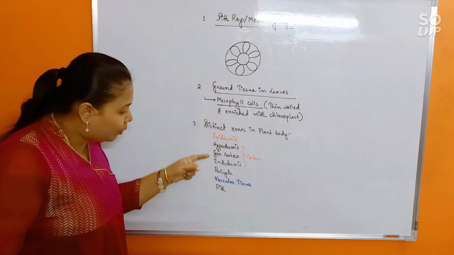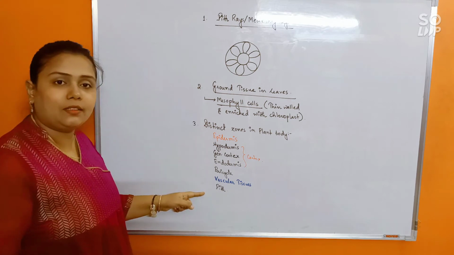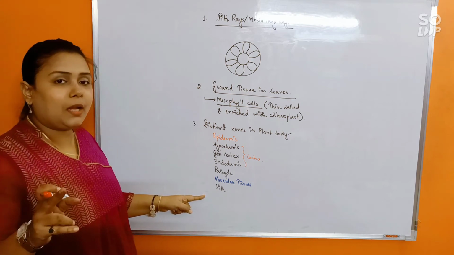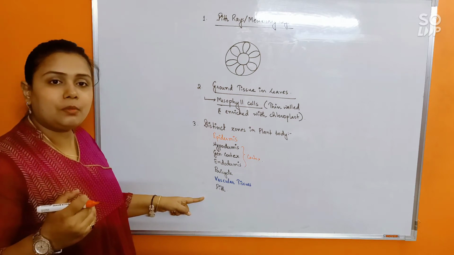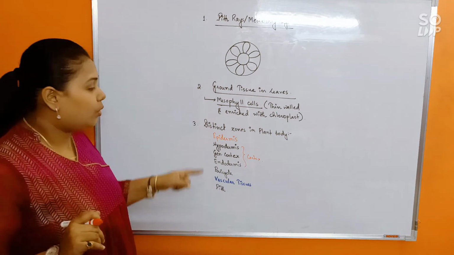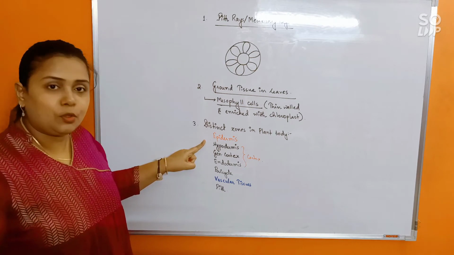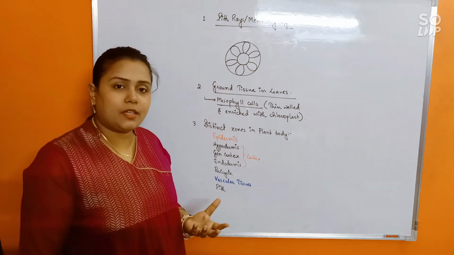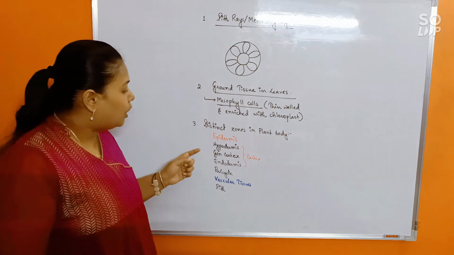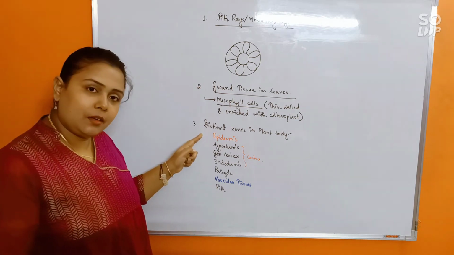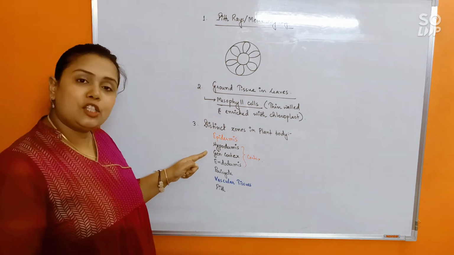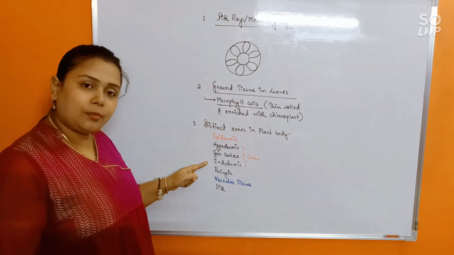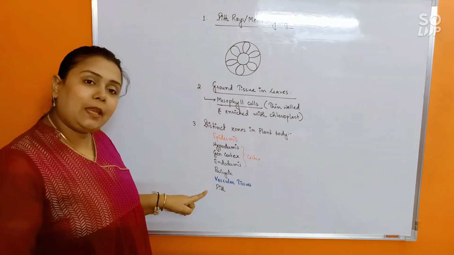This is very important for you to understand. The outermost layer of the plant body is the epidermis. Then we start with the ground tissue system. In the ground tissue system also, it is first hypodermis. Hypodermis will be present in the stem, right? So first epidermis, then hypodermis, then general cortex, endodermis, pericycle and pith.